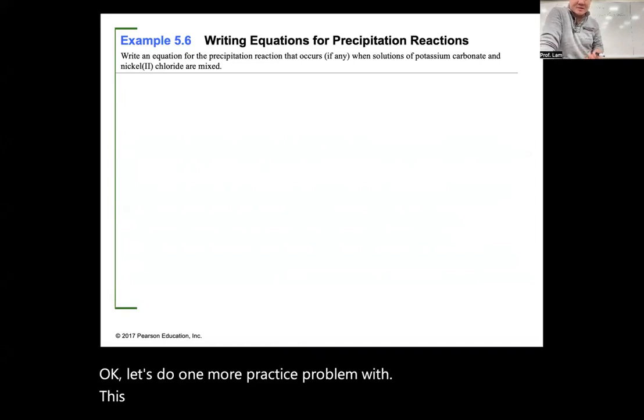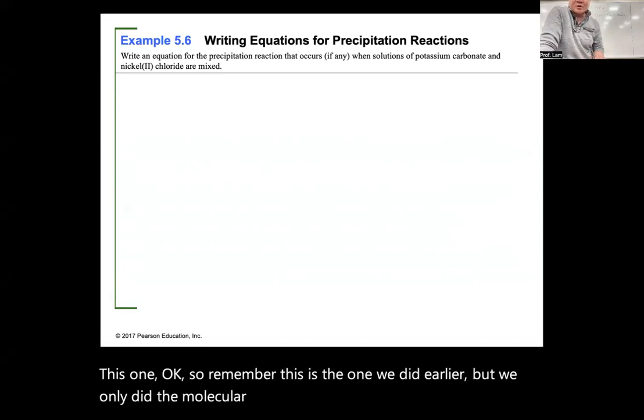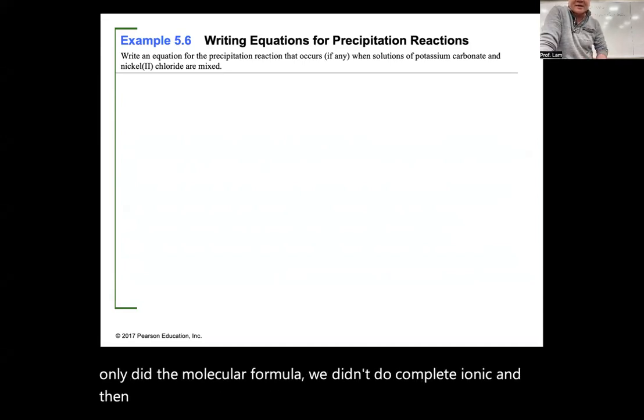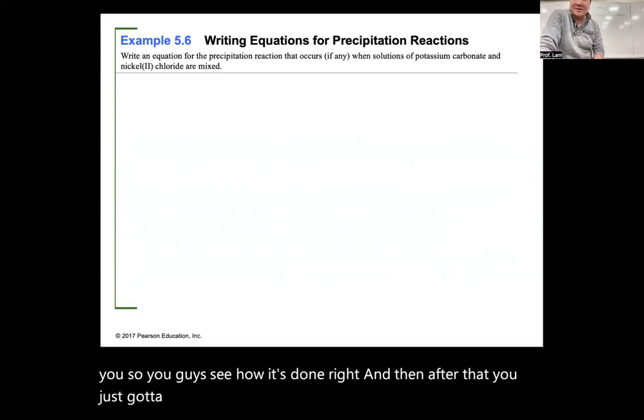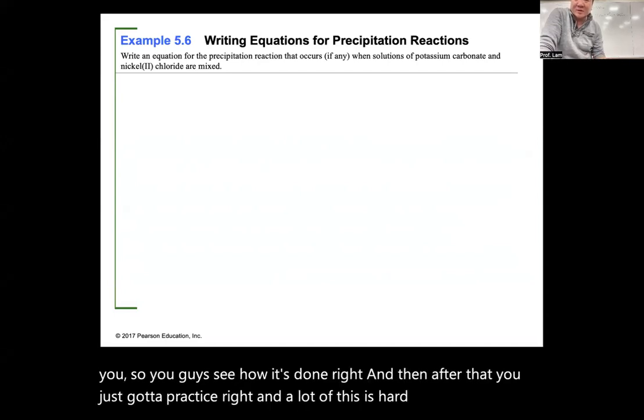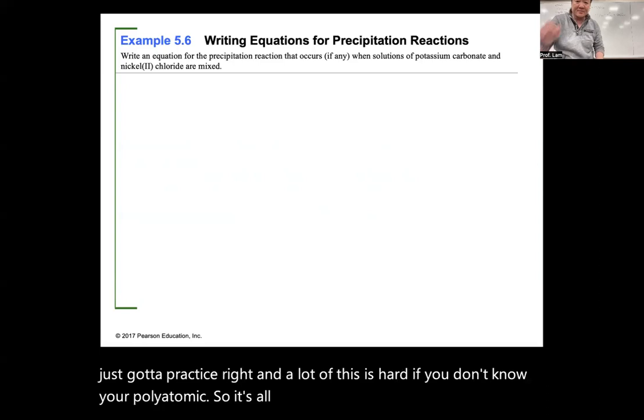Okay, so remember, this is the one we did earlier, but we only did the molecular formula. We didn't do complete ionic and net ionic. So I want to go back and do that one more example for you so you guys see how it's done, right? And then after that, you just got to practice, right? And a lot of this is hard if you don't know your polyatomic ions. So it's all about that, okay?